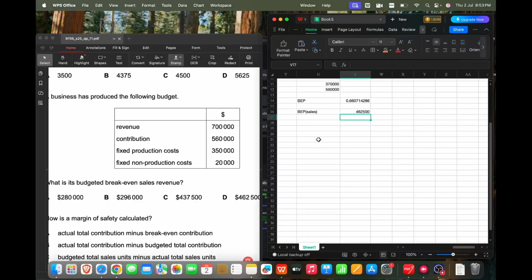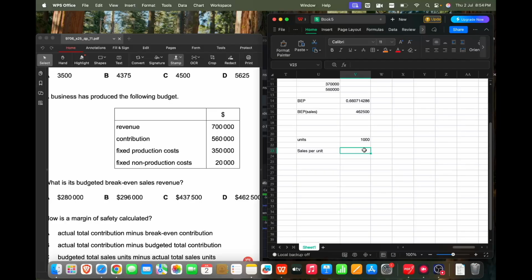Okay, let's assume that we produced and sold 1000 units. You can assume any number. I'm just doing this for the ease of calculation. Okay, let's calculate sales per unit. We are making total revenue of 700,000, and we assume we made and sold 1000 units.